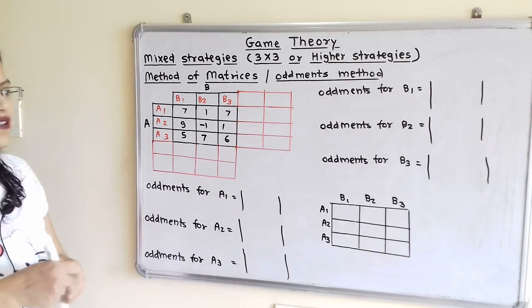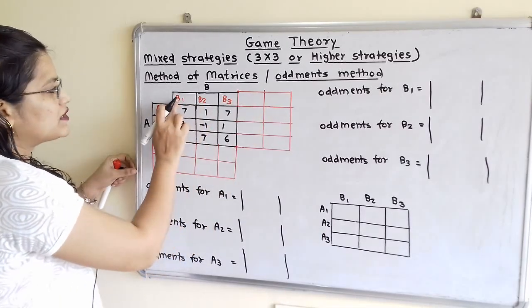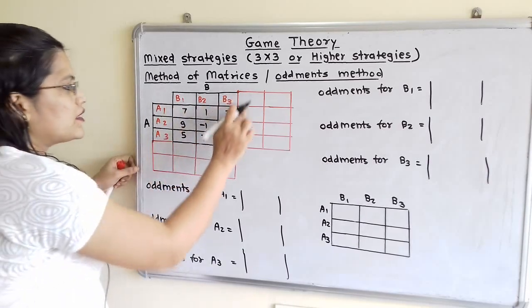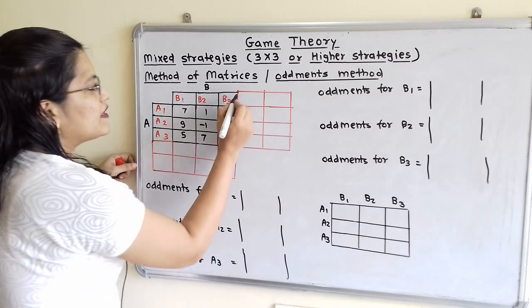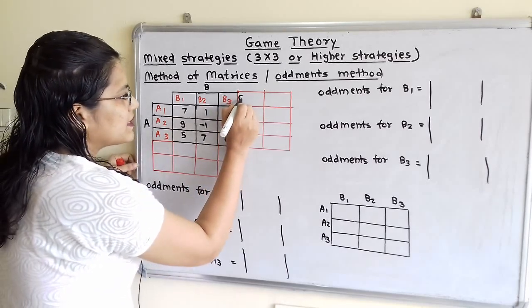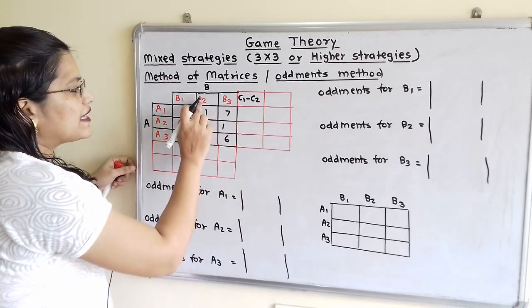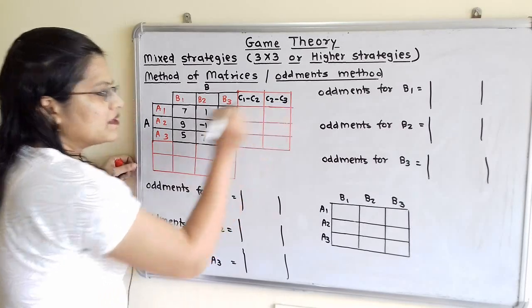We will take the difference between the columns. In the first added column we take C1 minus C2, and in the second added column we take C2 minus C3, that is column 2 minus column 3.